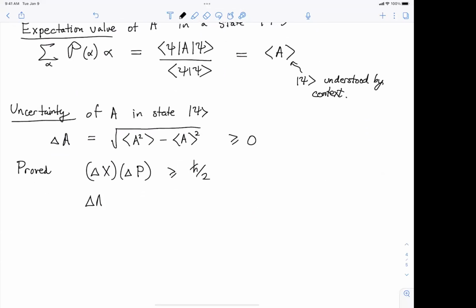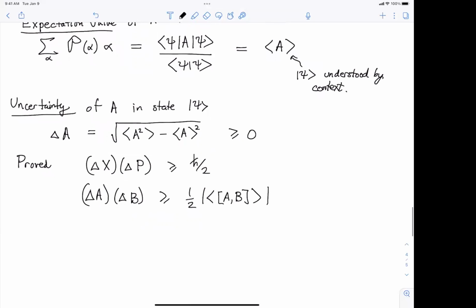And more generally, for any two operators, we proved this is greater than or equal to 1/2 times the expectation value of the commutator, right? Which in the previous example, for delta x delta p, the commutator is just i h bar.